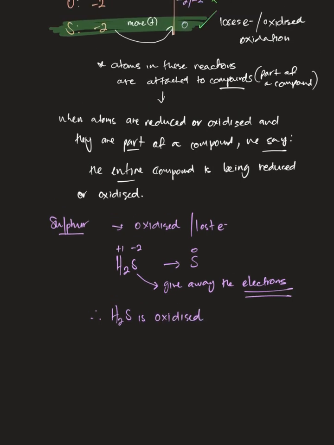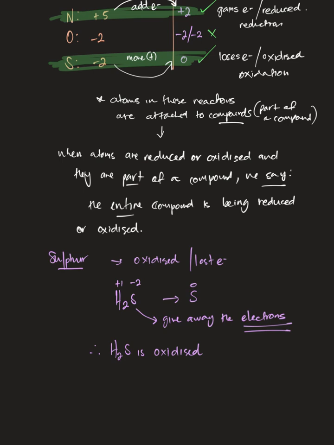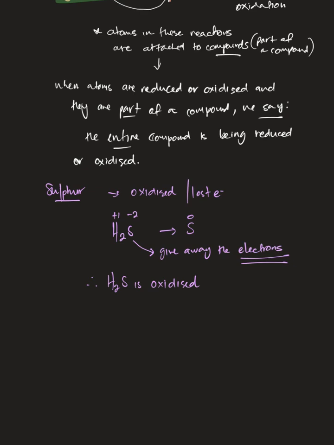The sulfur changing its oxidation number just tells me where the oxidation is taking place. So you must write that hydrogen sulfide is oxidized because it has lost electrons. If you say sulfur is oxidized, it will be marked as incorrect if it didn't start off as an atom.